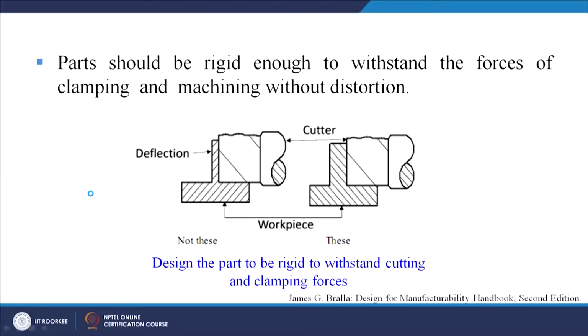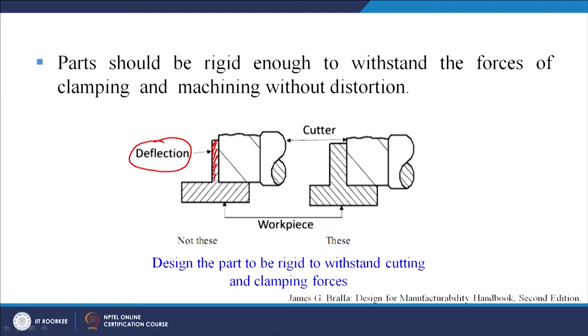Now parts should be rigid enough to withstand the forces of clamping and machining without distortion. So we must design our part in such a way that it is rigid enough to resist the deformation or the deflection. Here the deflection will take place. This is a surface, this is the tool.